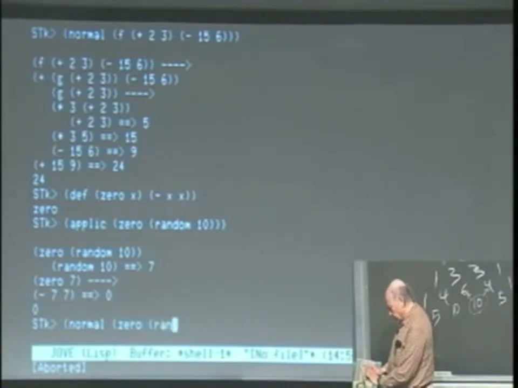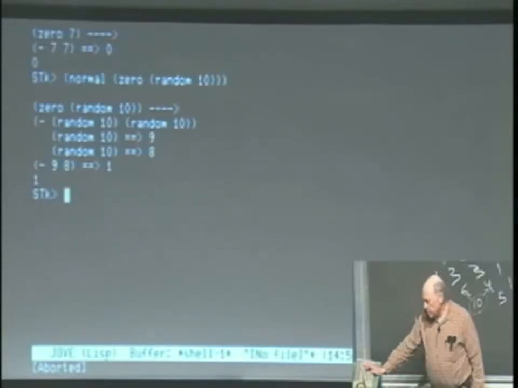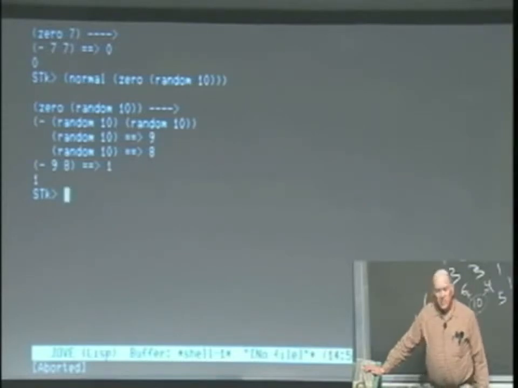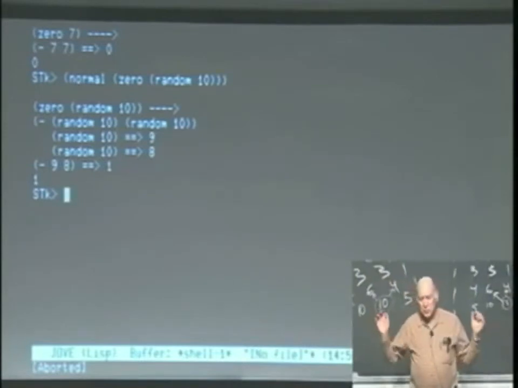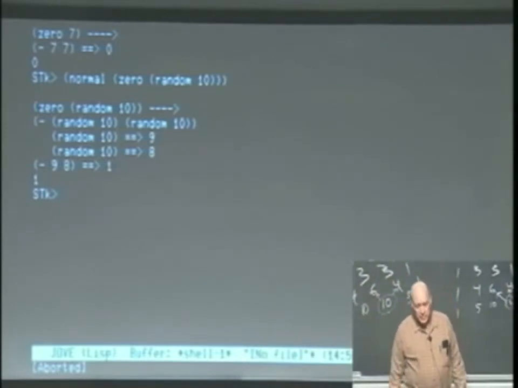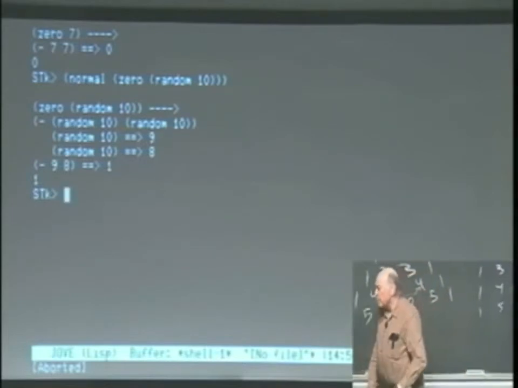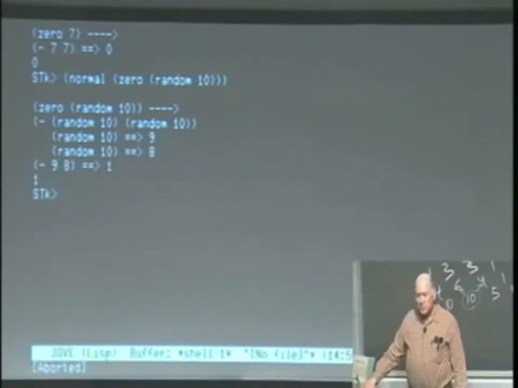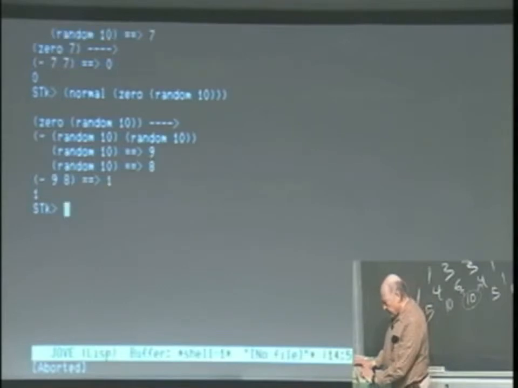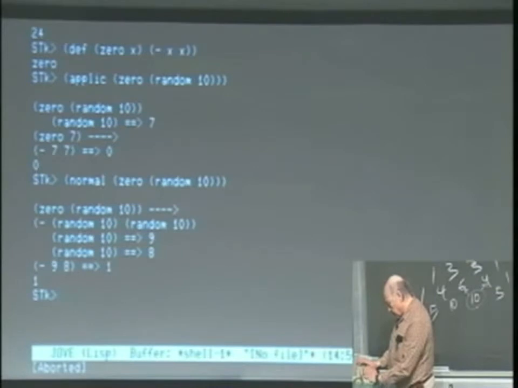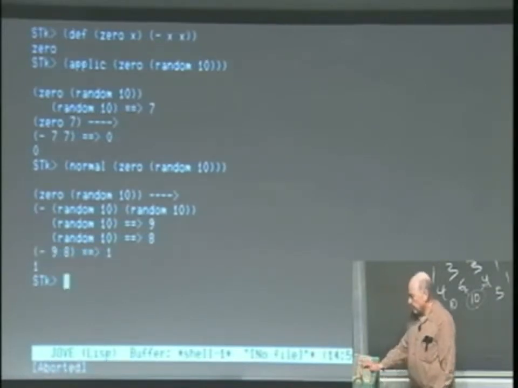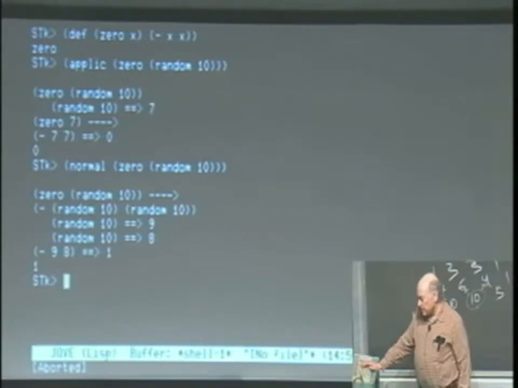Now normal order, 0 of random 10. This time something else happens. In normal order, we use the actual argument expression as the thing we give the procedure. So I take the expression random 10 and I substitute that into the body of 0. 0 is defined: 0 of x is minus x x.